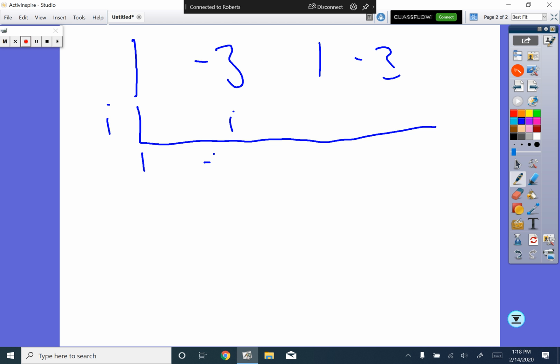Add them, so that's -3 plus I. And then we times, correct? -3 times I is -3I. I times I is I squared. Does anybody remember what I squared is? -1.